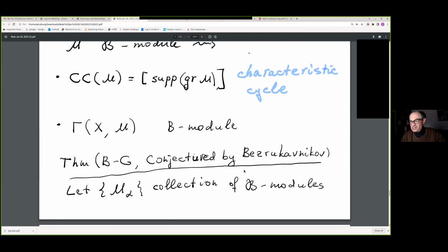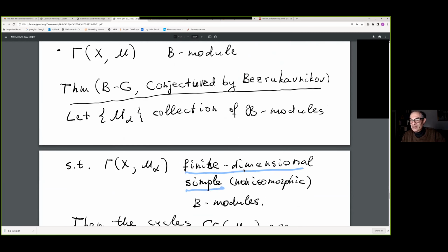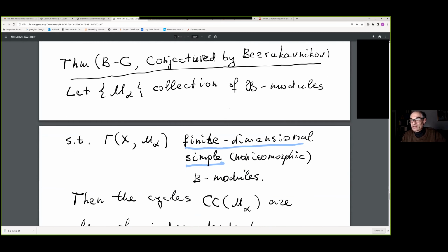Okay, so now here is what Bezrukavnikov conjectured and what we proved. The conjecture is the following: start with a sheaf of modules over this curly B of the quantized algebra. We are interested in the case where the modules over the actual algebra B are finite dimensional and simple. As in representation theory, we want to study irreducible representations, and the basic ones are those which are finite dimensional.